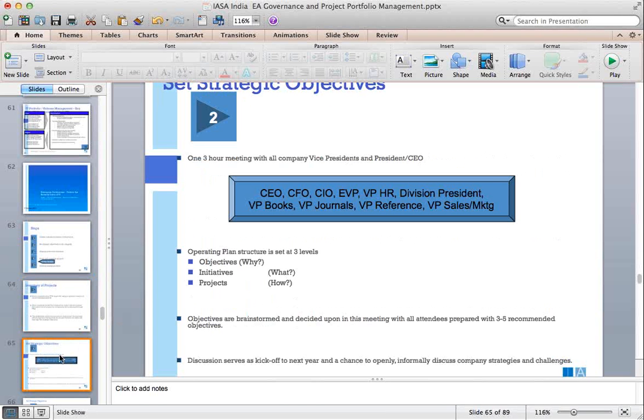So we're going to elaborate a little bit on the 5 points that we discussed a couple of minutes back. So who does it and what the operational model is, is what these slides are showing you. Why do you need this strategic objective? What initiatives need to be done? How are the projects going to be executed?